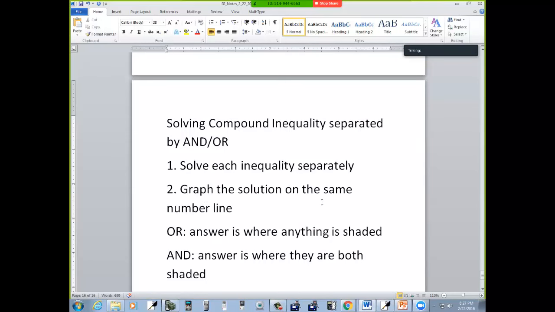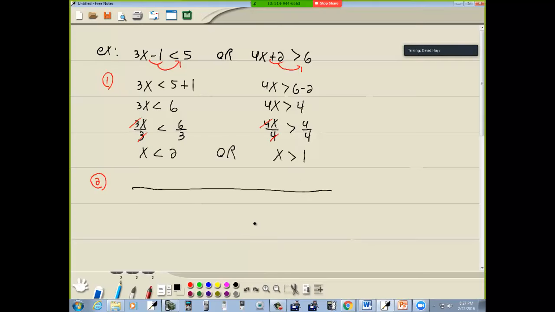Step 2, graph the solutions on the same number line. Now x is greater than 1. Well, here's 1 and here's 2. X is greater than 1 is a parenthesis because there's no line underneath, and greater than is going to positive infinity. So it looks like that right there.